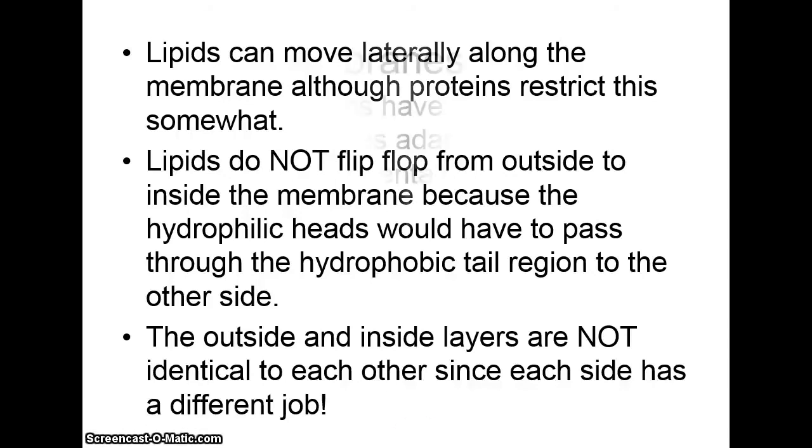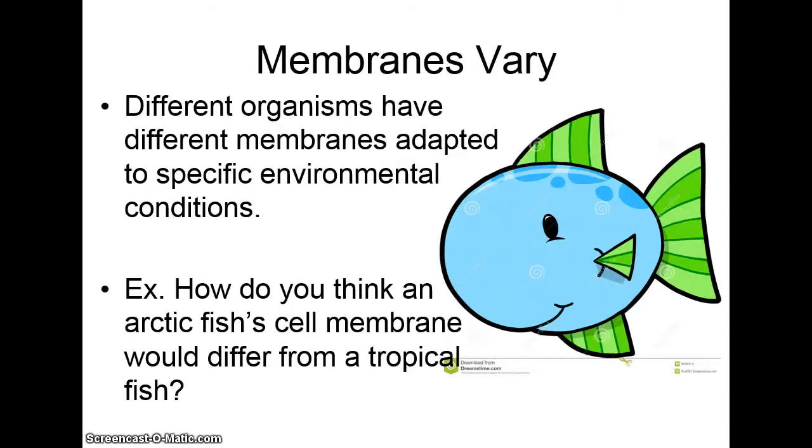This next slide that I have was just a little self-check. If you had a fish that lived in an Arctic environment, how might its cell membrane differ? And we talked about this in class. For example, we know that the more unsaturated fatty acids, the more likely a membrane would stay fluid at lower temperatures. So maybe it would have a higher concentration of unsaturated fatty acids in the membrane. Another thing is, we said animal cells have cholesterol.